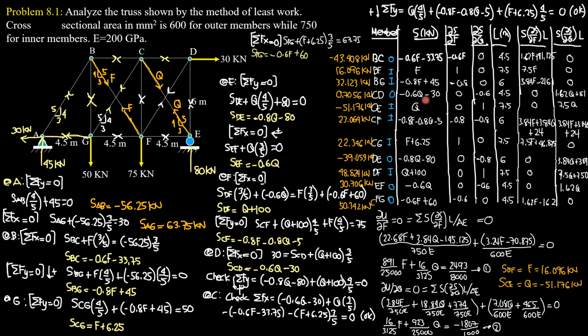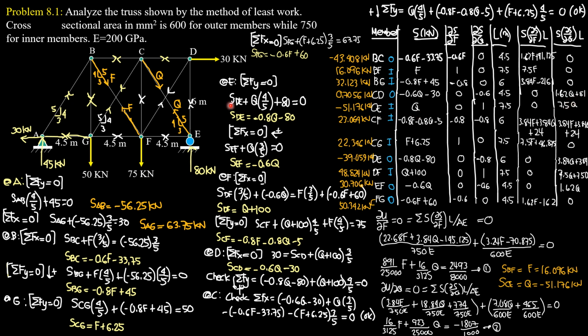CD is negative 0.6Q minus 30. Partial derivative of S with respect to F is 0, with respect to Q, negative 0.6. Length is 4.5 meters for CD. So S, partial of S with respect to F times length is 0, while S, partial of S with respect to Q times length is 1.62Q plus 81.